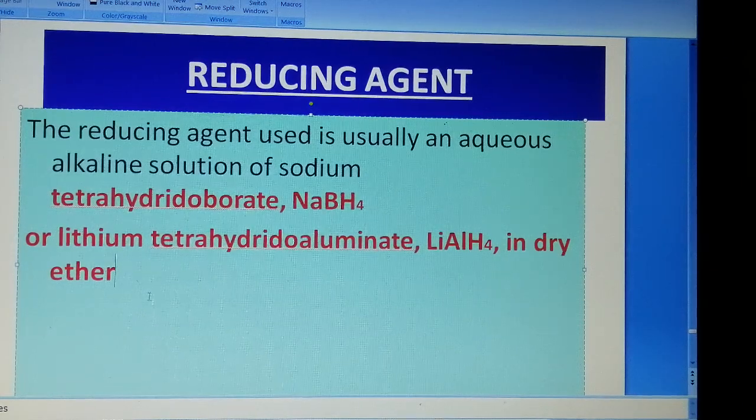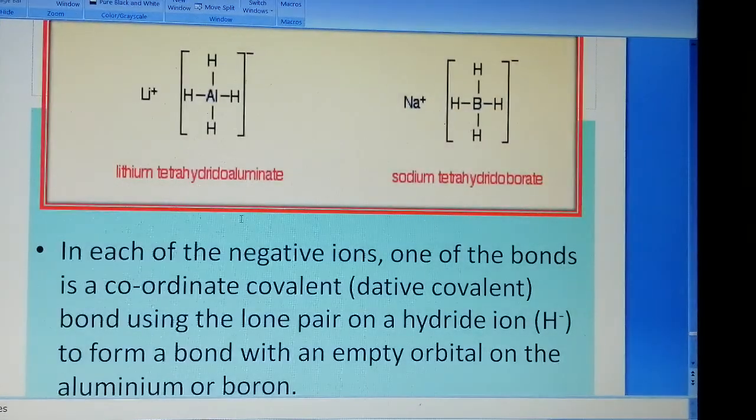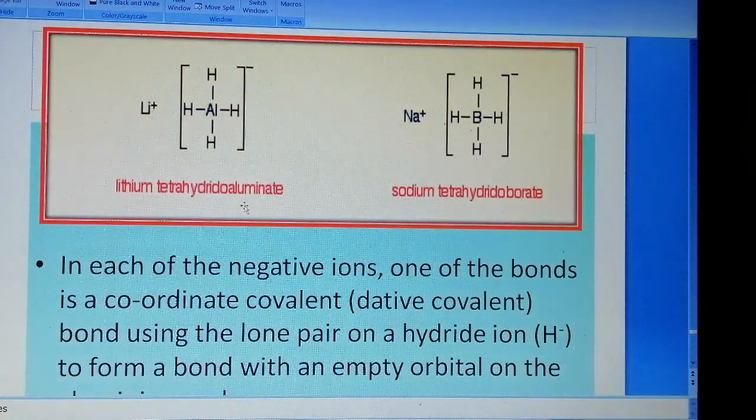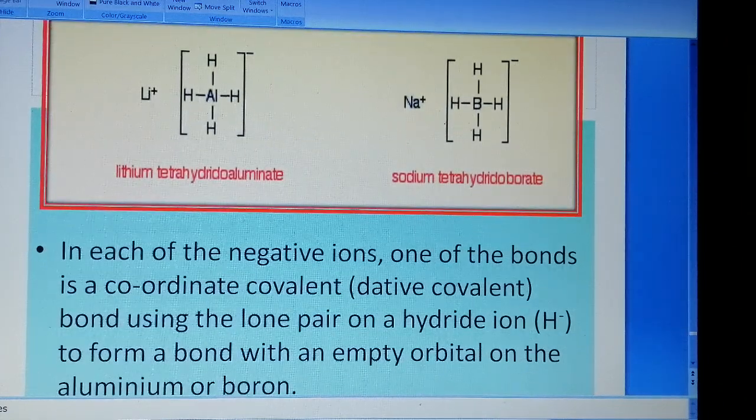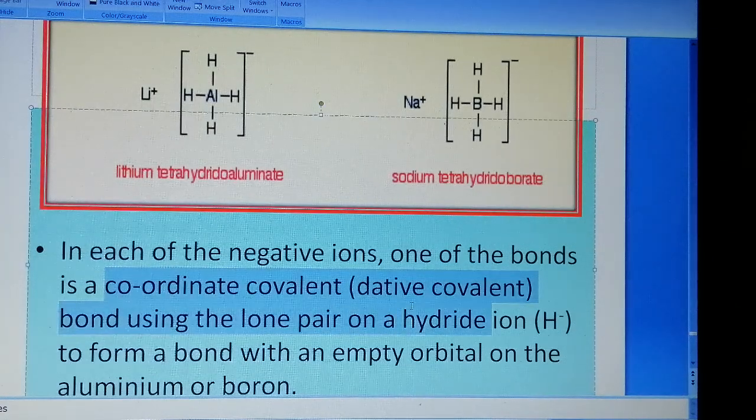See, if you use any of the reducing agents, you will get the same product. You will just see the structure of lithium tetrahydroaluminate and sodium tetrahydroborate. You can see here Li plus and this whole thing minus, Na plus and whole thing minus. See, each of them has a coordinate covalent bond. We have studied what is coordinate covalent bond or dative bond, using the lone pair on the hydride ion.